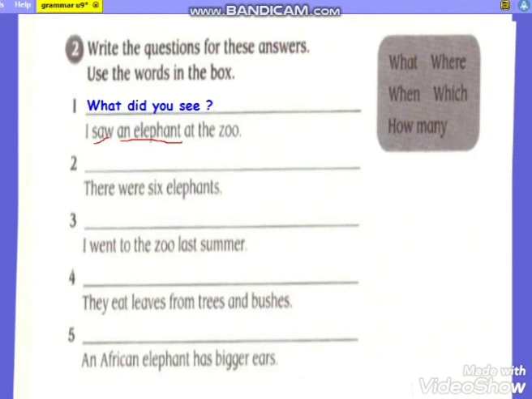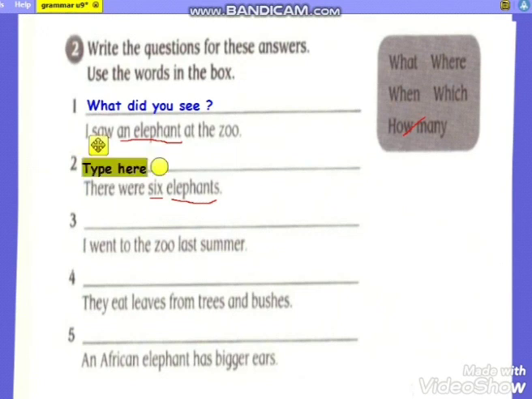Question number 2, or the answer of number 2 is there were 6 elephants. There were 6 elephants. Here we have a number and a countable noun, right? So you have to use how many. Write with me, please.